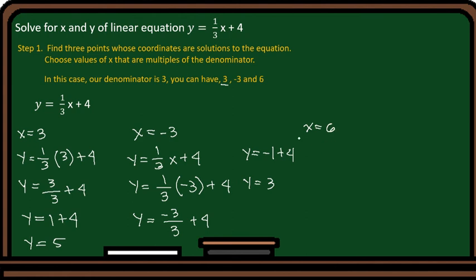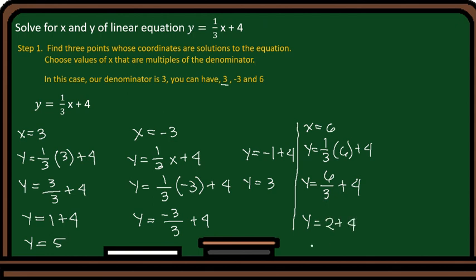Let's put a line here so we have a border line. y is equal to 1 over 3 times 6 plus 4. Then 1 times 6 is 6 over 3 plus 4. Now divide 6 by 3, that is 2, plus 4. So we have now 6.